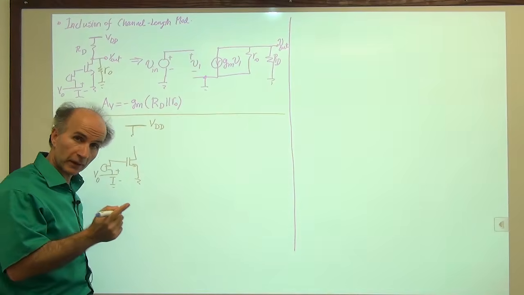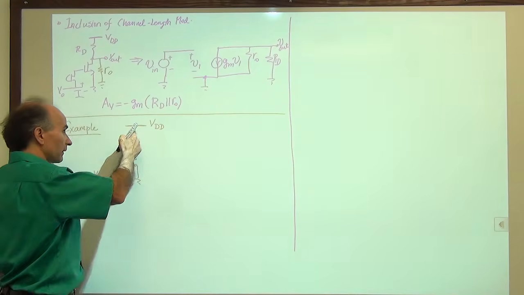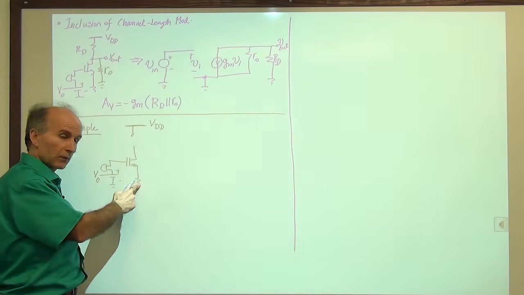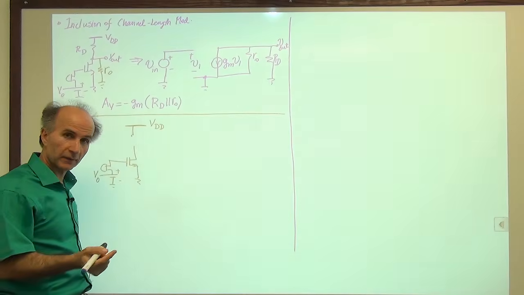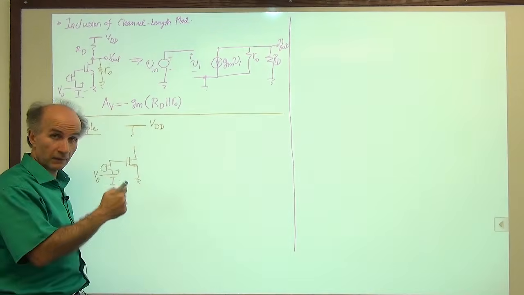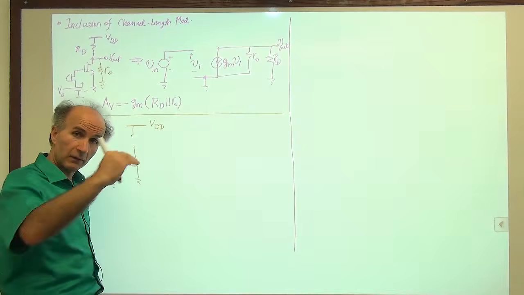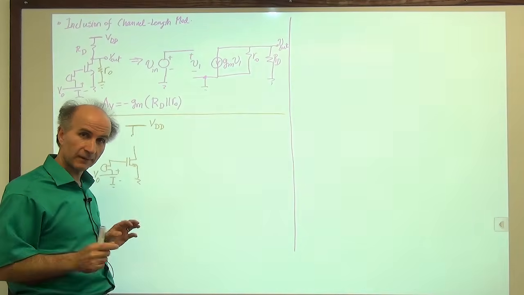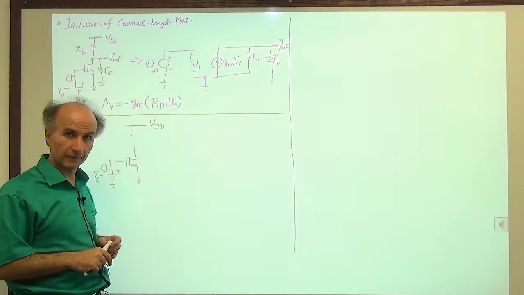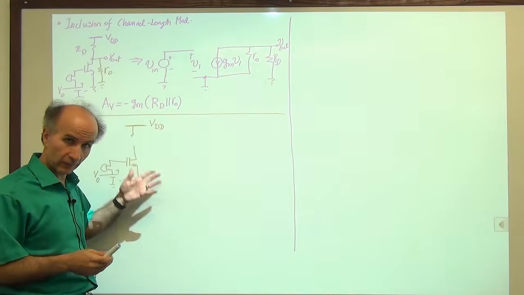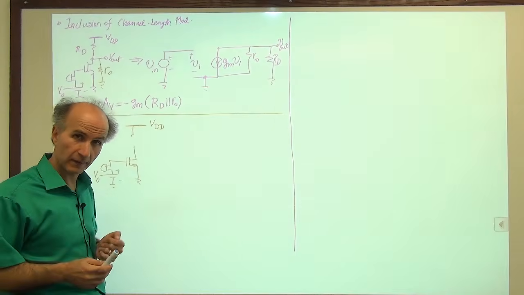Because if it's really an open circuit, no bias current can flow from the battery through the device to go to ground. So this device won't have any bias current. If it doesn't have a bias current, its VDS will be 0. If VDS is 0, then we are in deep triode region, so we don't have any gain. So that's no good. We do need a bias current. We need to operate in saturation and have a bias current for the device to be an amplifying device.